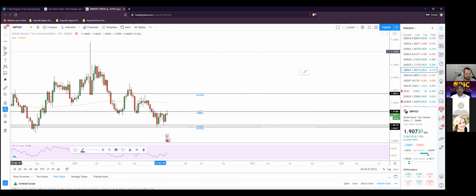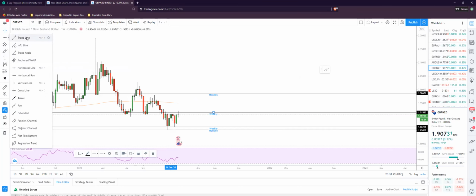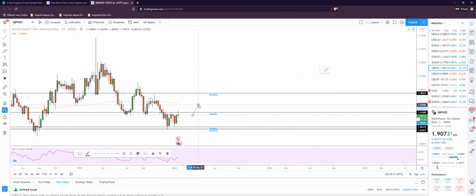For me, if we break this zone, it will be a buy, right? But again, it's a swing trade. Right now we need to be careful, because what the market can do is go there and go there, and now you will lose.